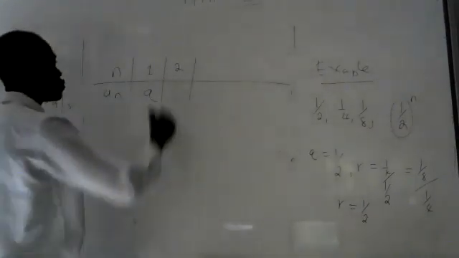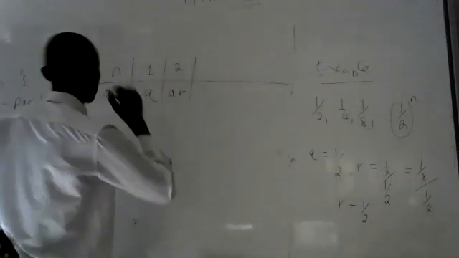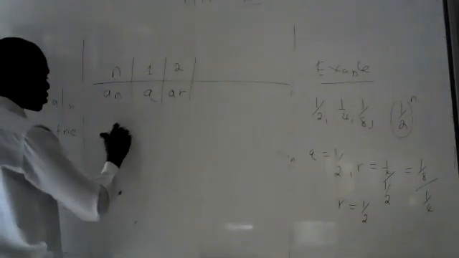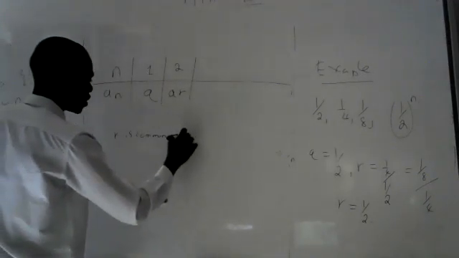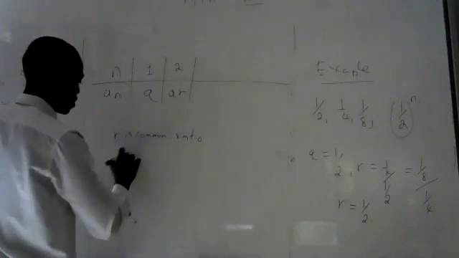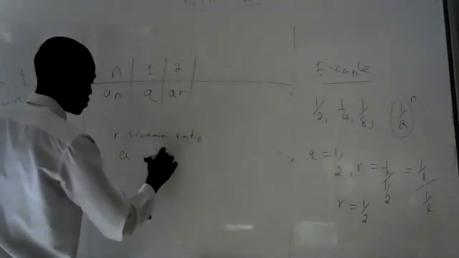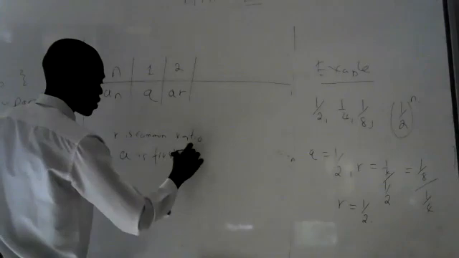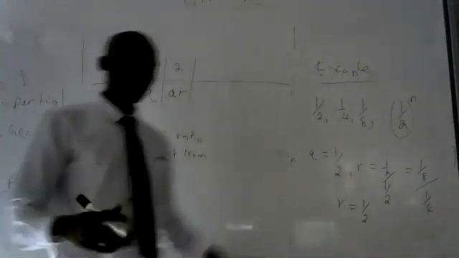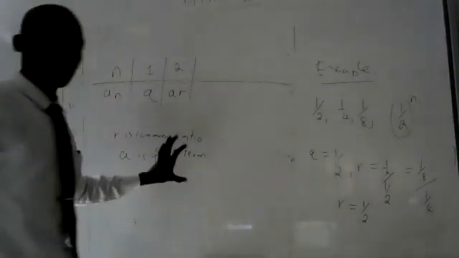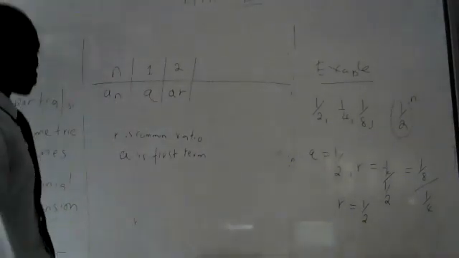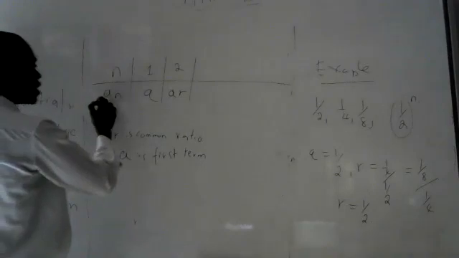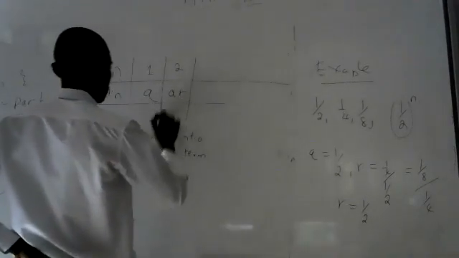So the next term here should be AR, where R is the common ratio and A is the first term. These are just dummies. I could use P, Q, whatever. I'm just trying to be consistent because we used A in the first class. You could use any letter that you like.